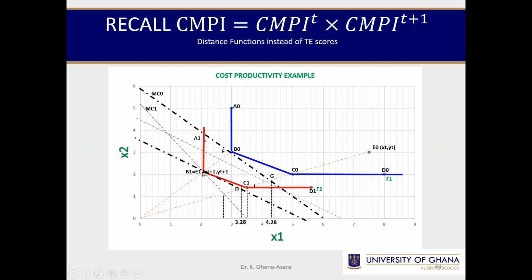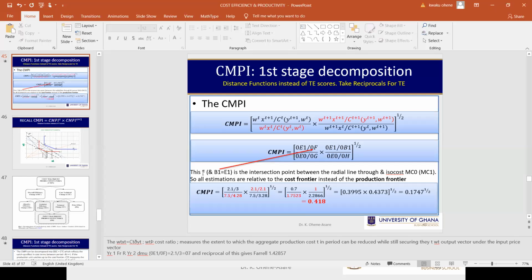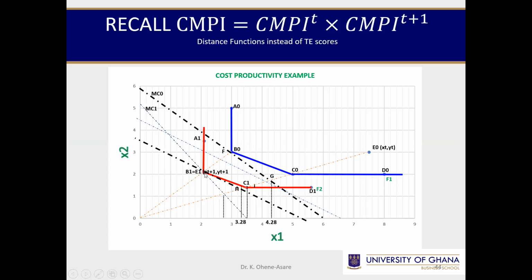So the distance to the firm E1 will be OE1, divided by OE1. Good. But since B1 is here, we could also say divided by what? OB1. Good. Do you all agree with that? Yes, please. Okay. So that was just coincidental.